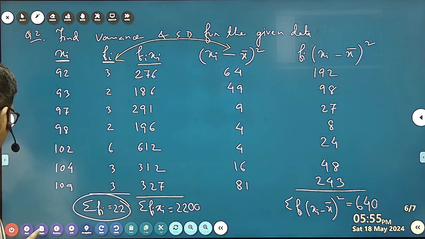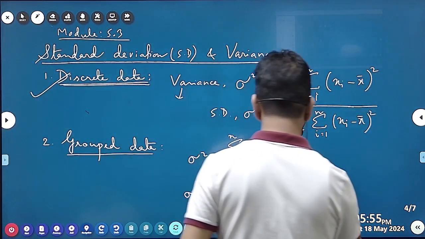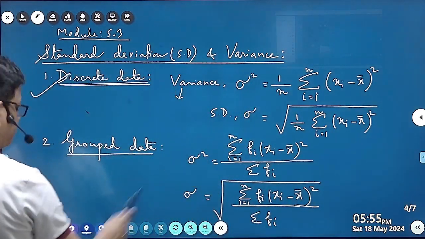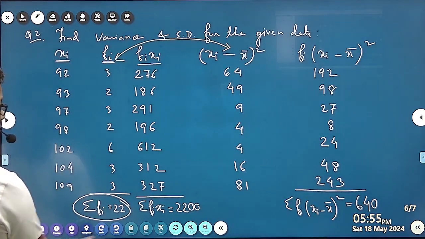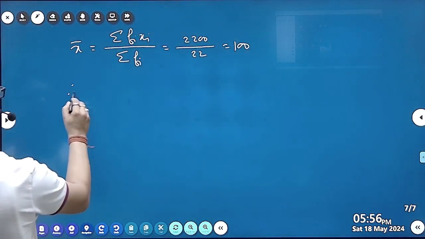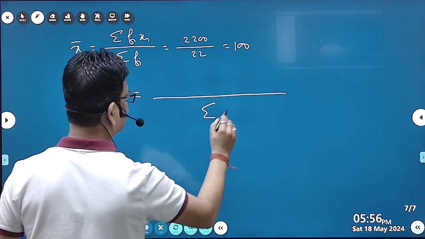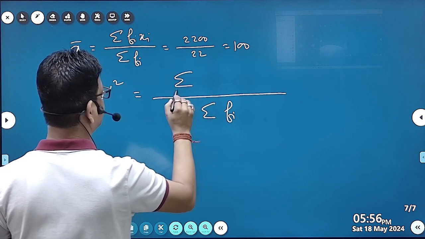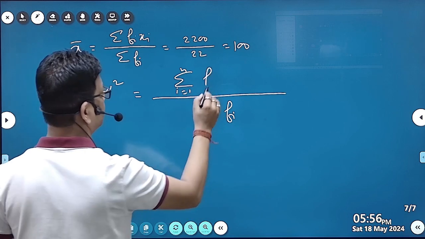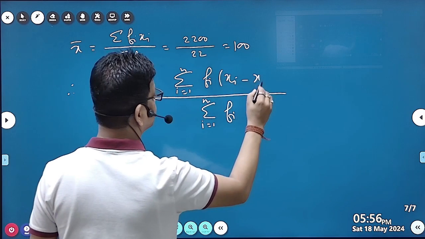Now if you observe the formula here, this was the formula. Let me write it, or you will get confused. So everything is ready: 22 here, then 640. Therefore, sigma square, the variance, is the summation of fi, from i equal to 1 to n, of fi xi minus x bar whole square.